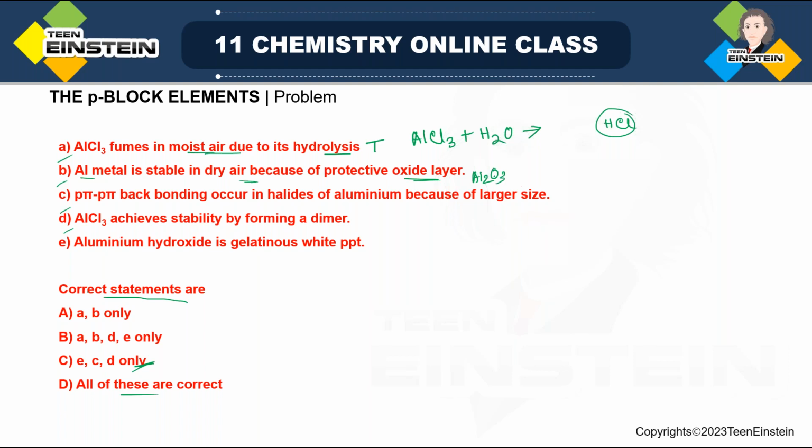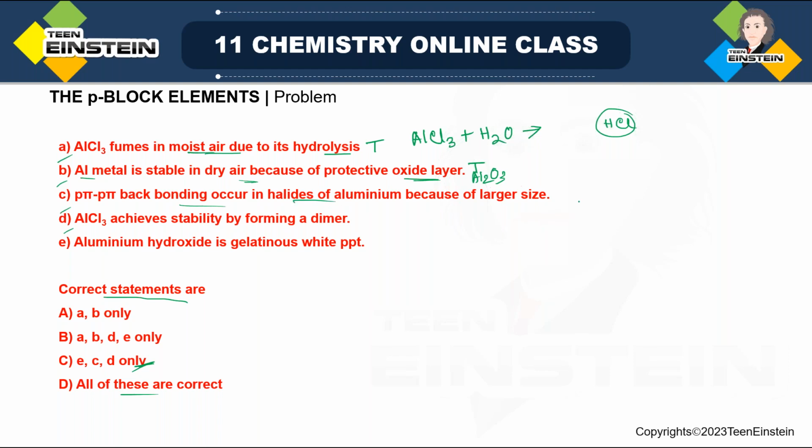This is the oxide of aluminium, and on the aluminium metal, on its surface there is a layer of this oxide, and that is why once the oxide is formed, it will not be able to come in contact with other reagents, and as a result it can remain stable. So this is also true. Third statement: pπ-pπ back bonding occurs in halides of aluminium because of large size.